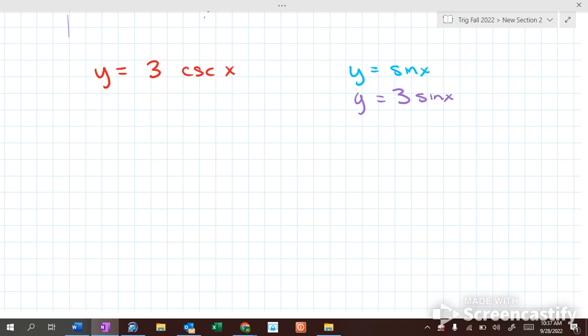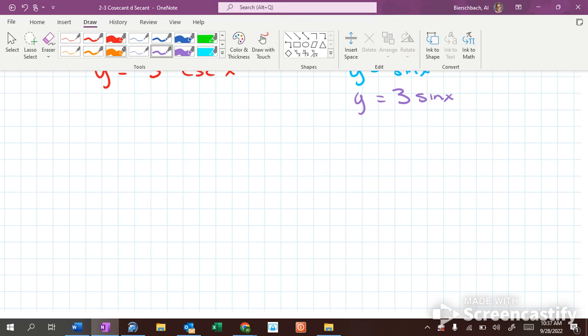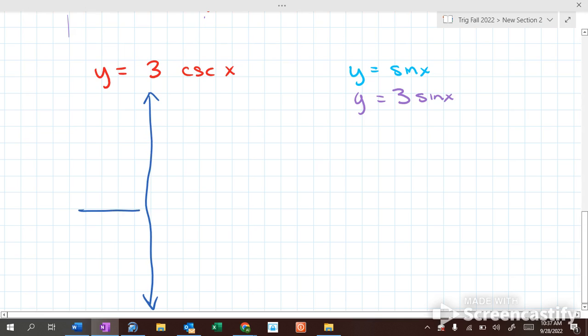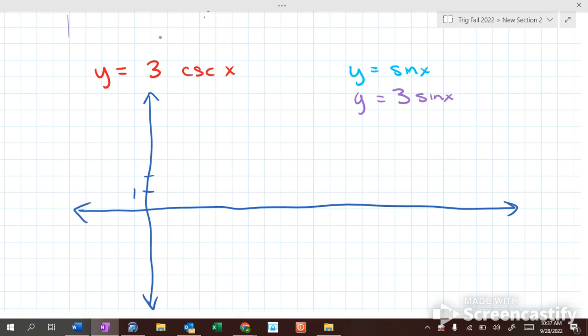So what does that 3 out front do to the graph? The y values are times 3, so it gets stretched up vertically. So instead of going 2 spaces to get to 1 when I make my graph, I'm just going to go 1, because things are going to get stretched out, and I'm going to run out of room if I don't do it this way.